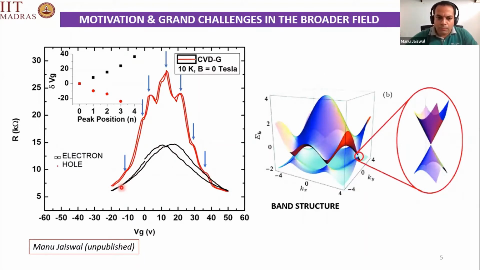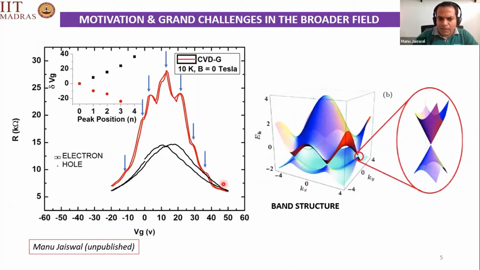And we cool down, measure the resistance versus voltage at low temperature, and then apply a magnetic field and measure what kind of quantum Hall effect is present in the system. In this particular late night experiment I was doing, I measured this curve at room temperature, then I cooled down, and I realized that there are some oscillations coming, very periodic oscillations coming in the plot.